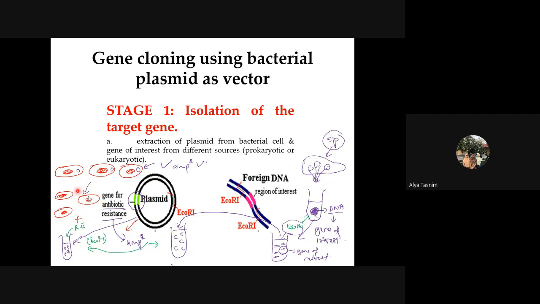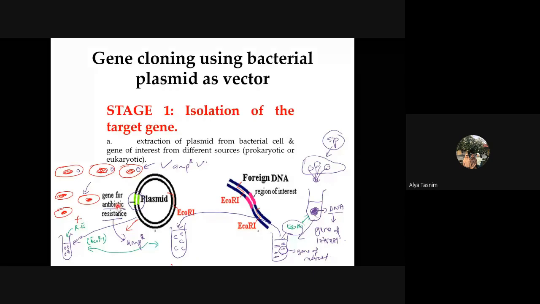Alright. Okay. So gene for antibiotic resistance. So plasmid will contain gene for selectable marker. Kan? So example of selectable marker is antibiotic resistance, such as ampicillin resistant gene. Okay, so the test tube that contains the plasmid that you have extract and isolate from the bacteria, you mix with restriction enzyme, okay, which is EcoR1.